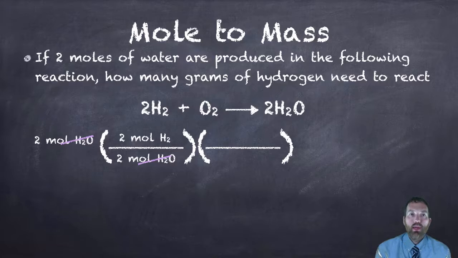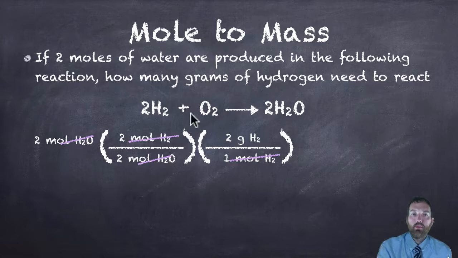But I don't want moles of hydrogen, I want grams of hydrogen. So I know I need to set up another bracket. So I want moles of hydrogen to cross off, so I'll put 1 mole of hydrogen on the bottom, and I need to put the molar mass of hydrogen on the top. So hydrogen weighs 1, but in H2 I have 2 hydrogens, so that would be 2. So moles of hydrogen and moles of hydrogen cross off, and I'm left with grams of hydrogen, which is what the question is asking us for, and that's how I know I'm done.